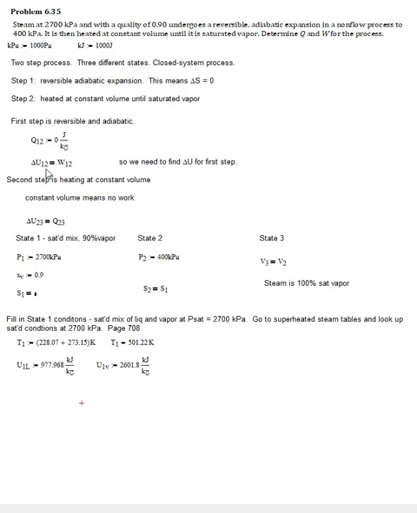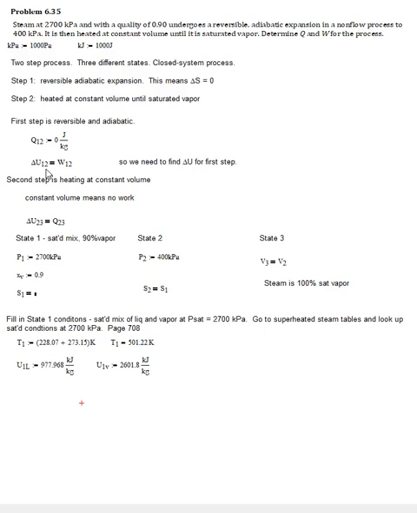What you've got to look at, though, is we don't know the temperature. All we know is that it's at 2,700 kilopascals. So we're going to have to find out what the temperature is, and because we have a mixture of liquid and vapor, we're going to have to find the liquid value of U and the vapor value of U, and then use our extensive property information to calculate the total value of U at state 1.